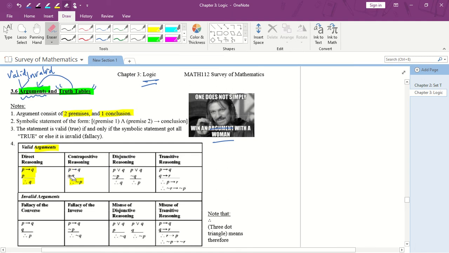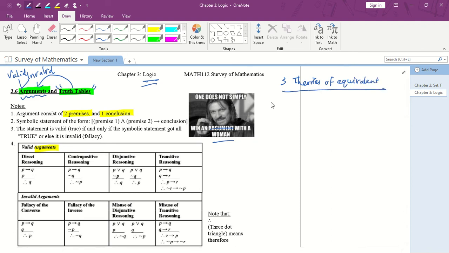However, before I really talk about the premises and the conclusion, let me do a quick revision because it's related. In Section 3.4, the part 4 video, we talked about three theories of equivalence.